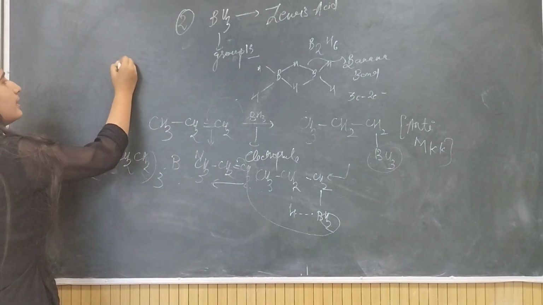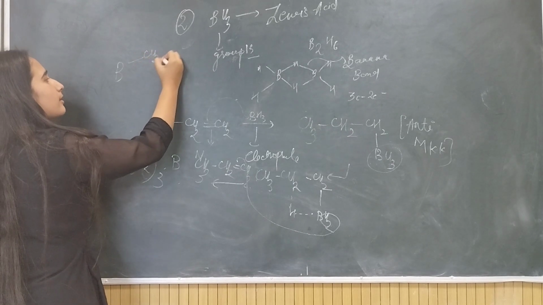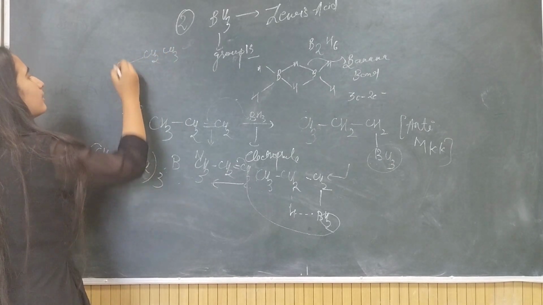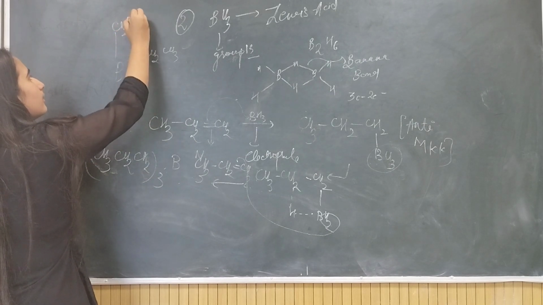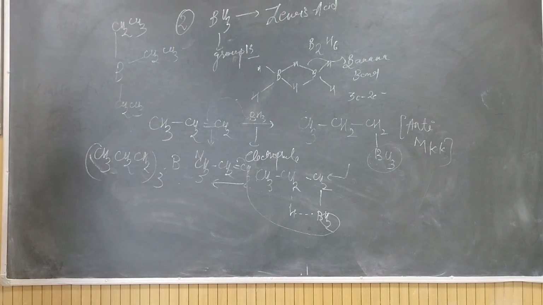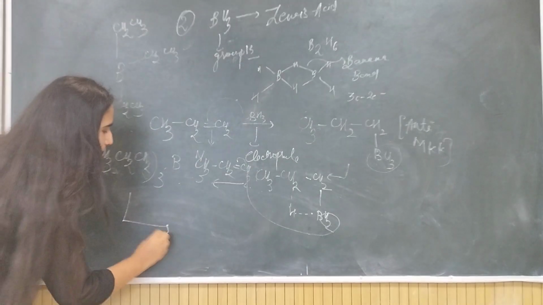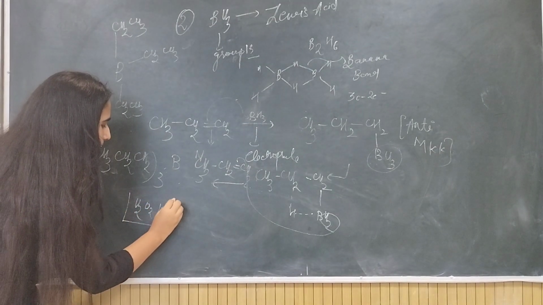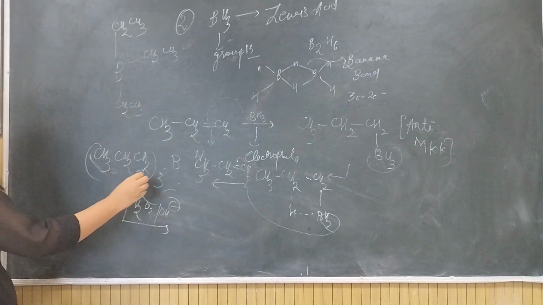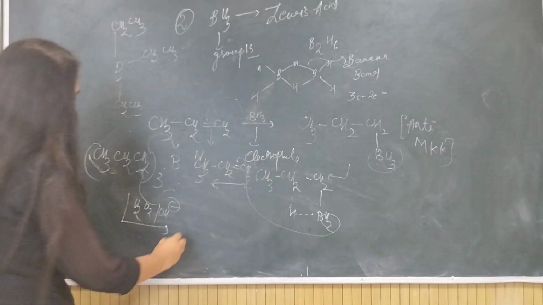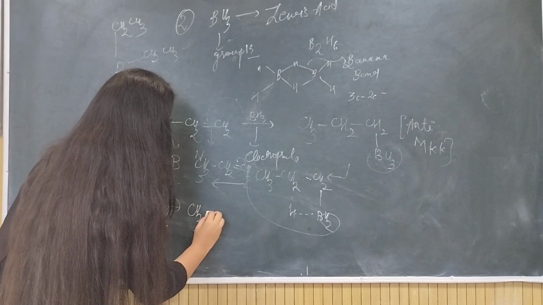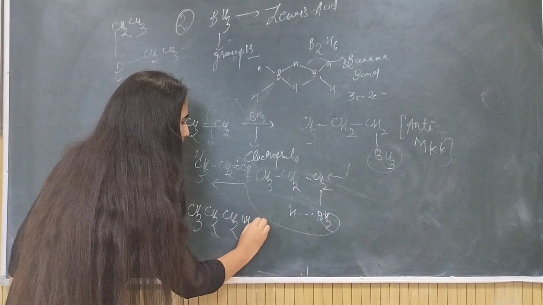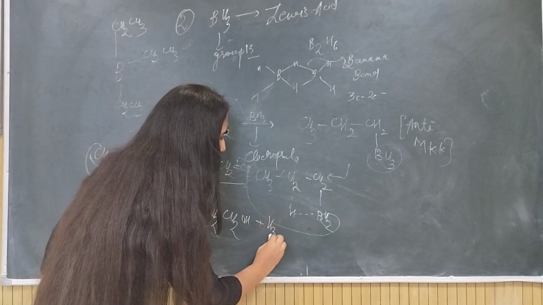The structure will be trigonal planar. Now we add peroxide, H2O2 and OH-. This will attack further and boron is removed out, and boric acid is formed.